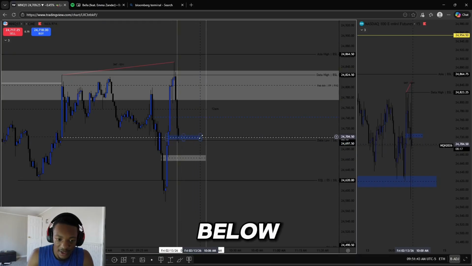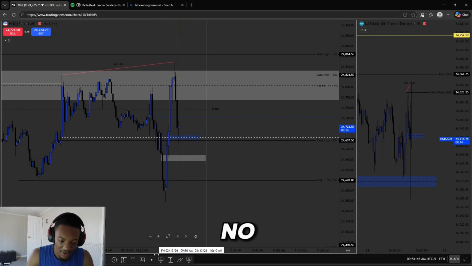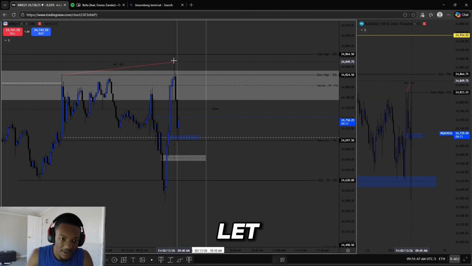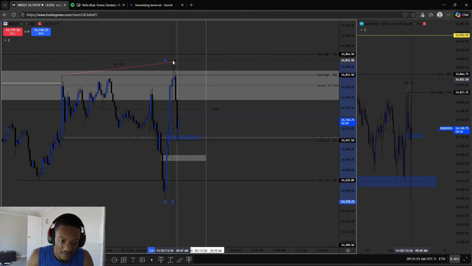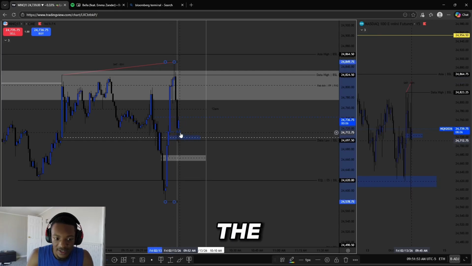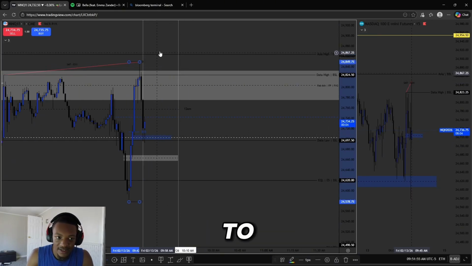See if we close below this gap here. Oh, wait, no, matter of fact, that's wrong. Let me pull out the dealing range and look at it. Oh no, this gap right here is in the discount. So from here I'll be looking to go grab this here.